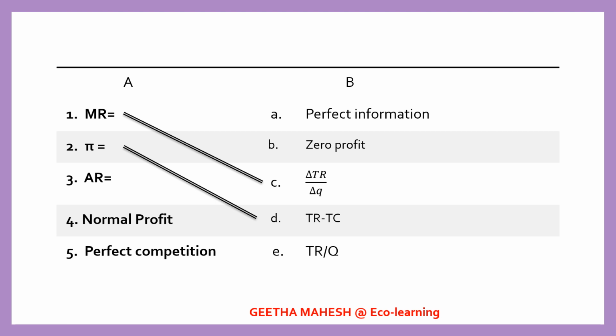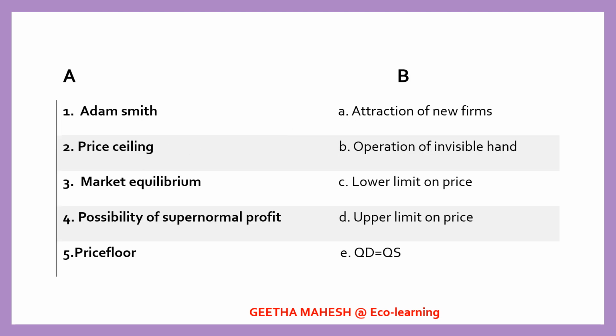AR equals average revenue. Average revenue is nothing but TR divided by Q. Normal profit, for zero profit condition we call it normal profit. Perfect competition, perfect information.